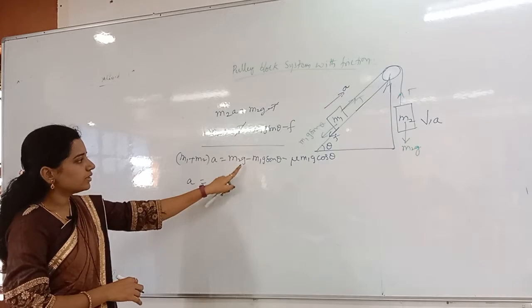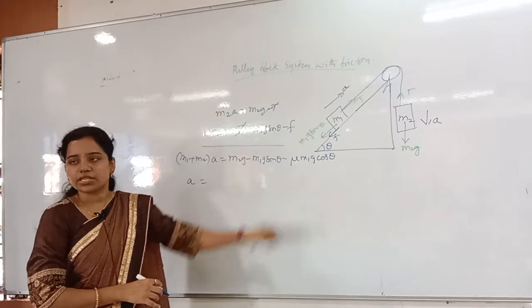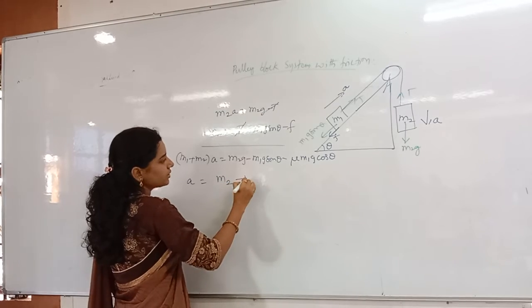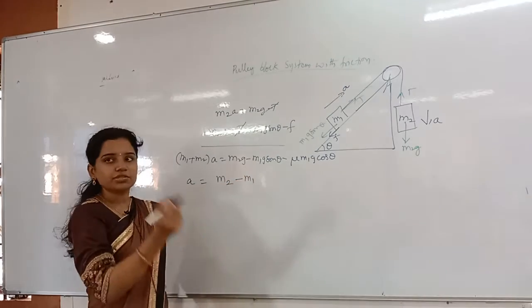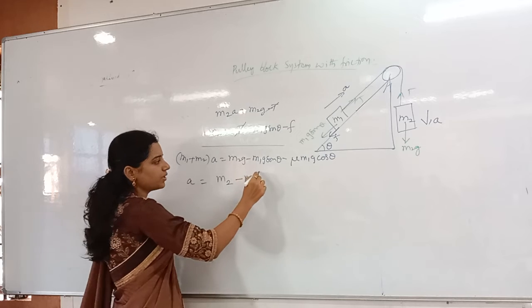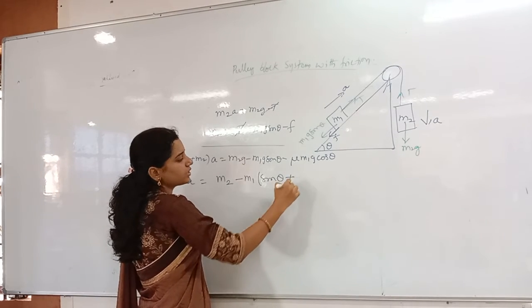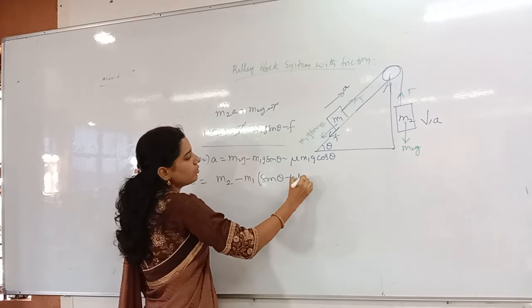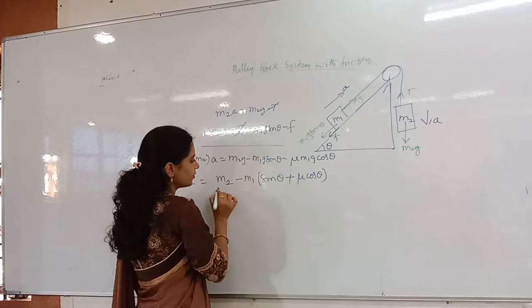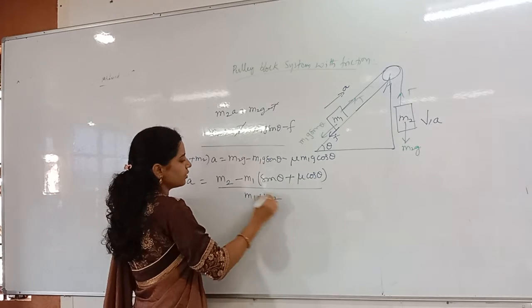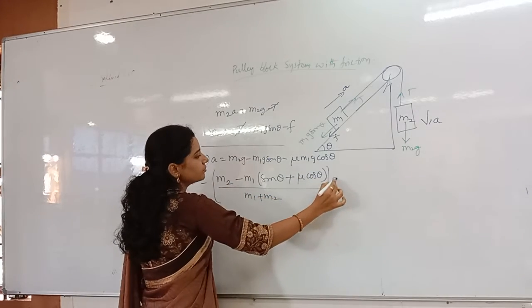Also m1 I can take common from the second term, so m2 minus m1 I am taking common. I am taking minus also outside, so what is remaining here? Only sin theta, and if I take minus outside, plus mu cos theta remains. Yes, into g, divided by m1 plus m2.